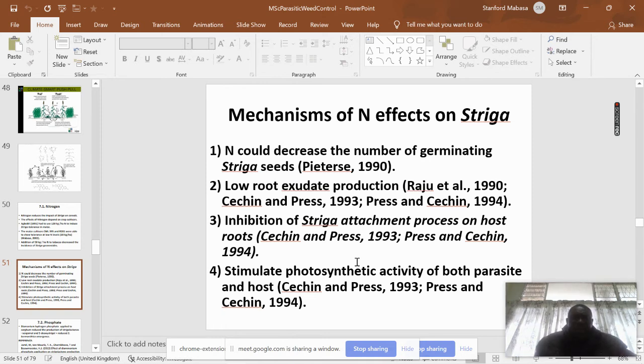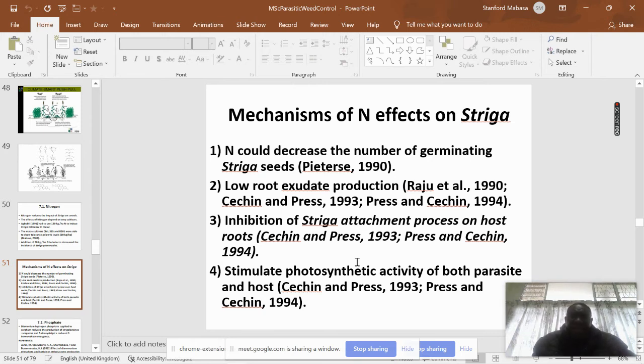Now, what would be the mechanisms of nitrogen effects on striga? Number one, nitrogen could decrease the number of germinating striga seeds. So, nitrogen can disrupt germination of striga seeds. The other point is that in the presence of nitrogen, there is low root exudate production.